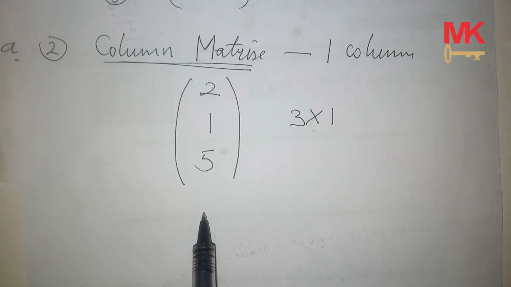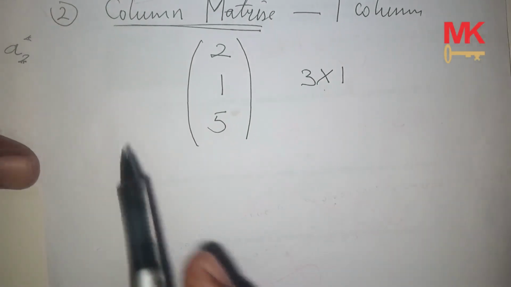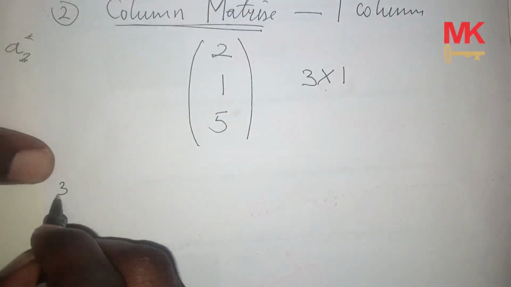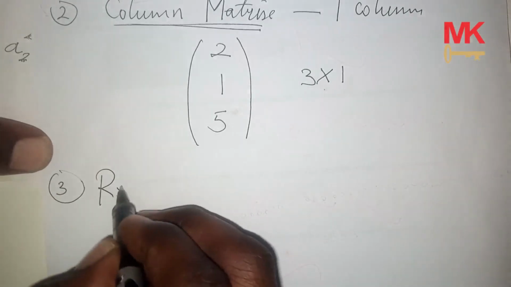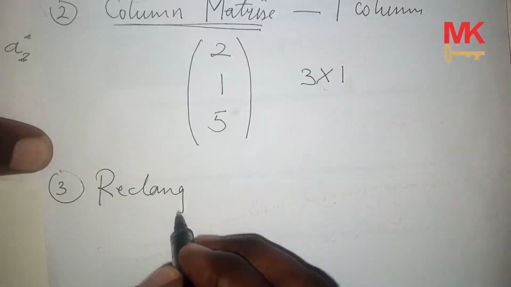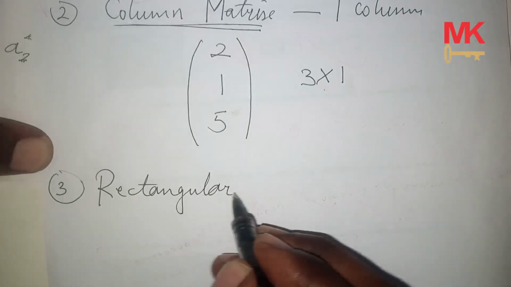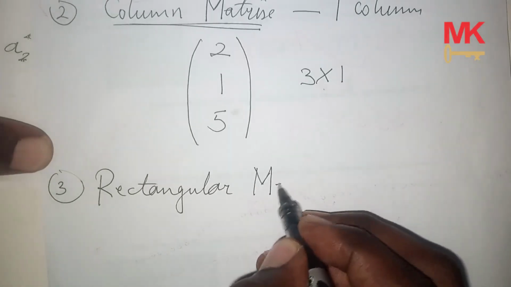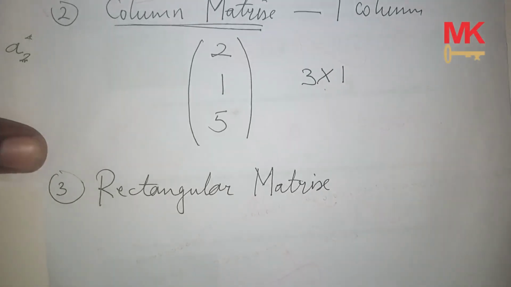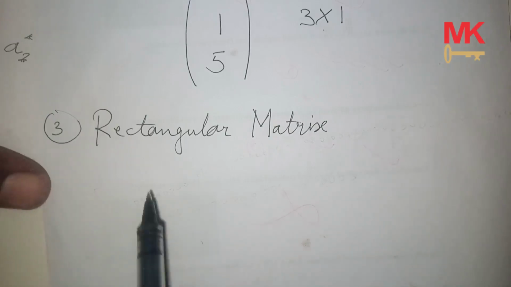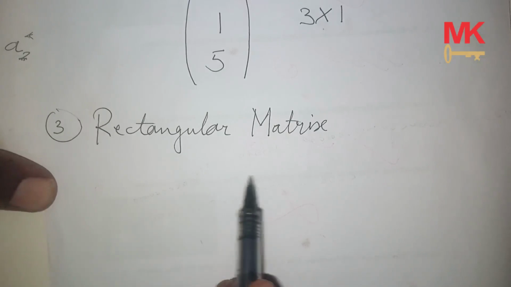Very easy to understand. And the next is number 3. So number 3 is called a rectangular matrix. A rectangular matrix is a type of matrix in which the row number and the column number are different.